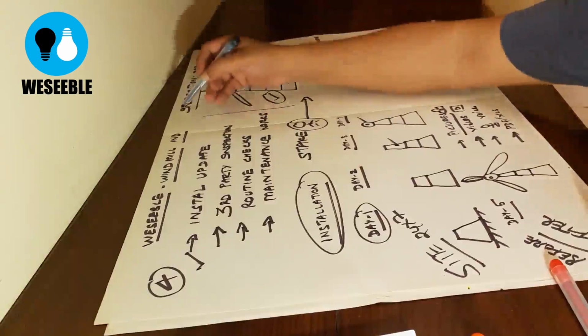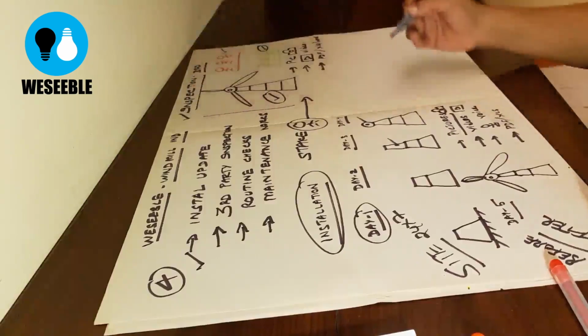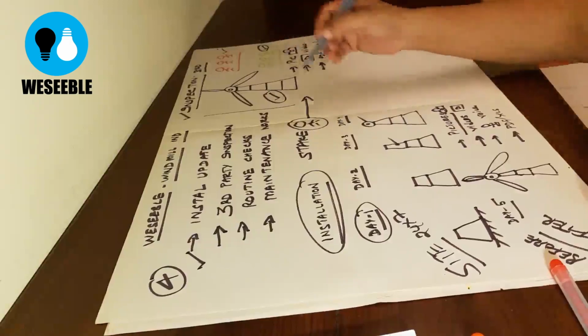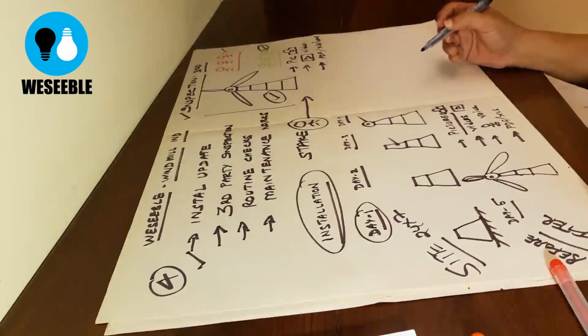So that's the second scenario where Weseeble finds a good application in bringing in the third-party inspection and collaborating them with the installation team and the stakeholders.